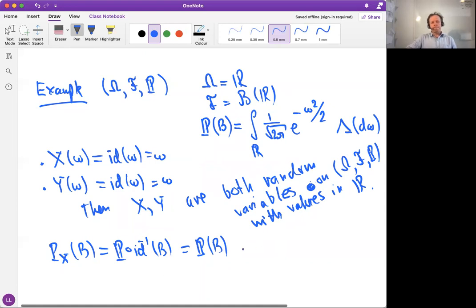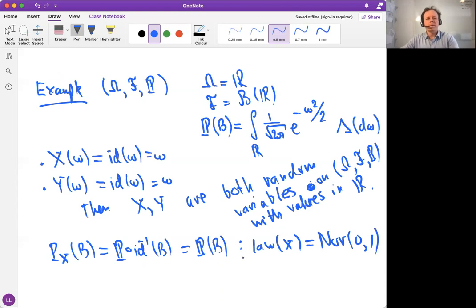And if you look at what this is, the Gaussian density, it means that the law of X is equal to the standard normal distribution. So it's the normal distribution with mean 0 and standard deviation 1.